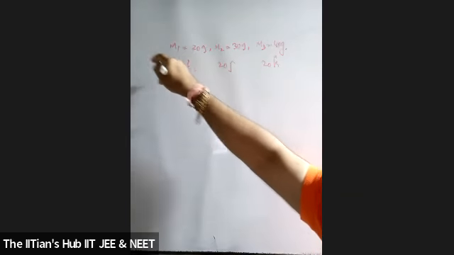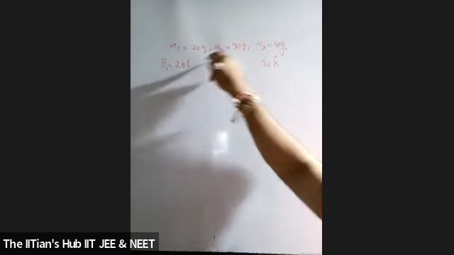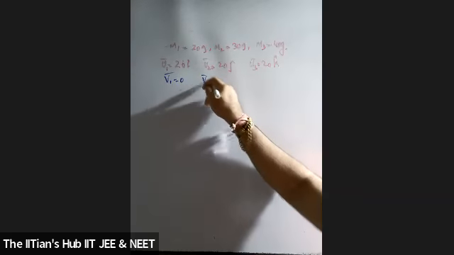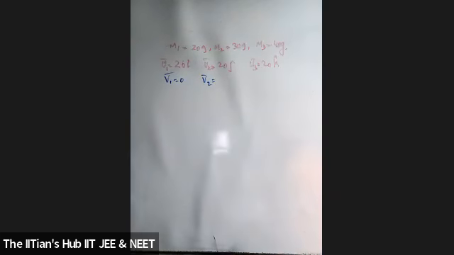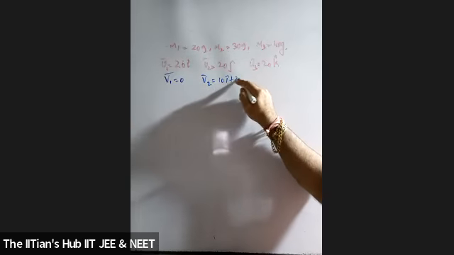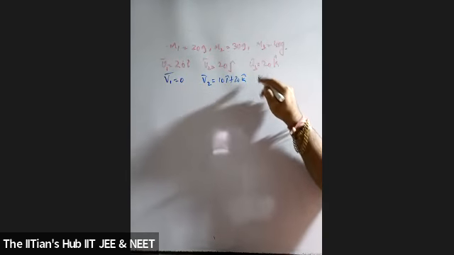V1 is given as 0, V2 is 10I plus 20K, and V3 we have to find.